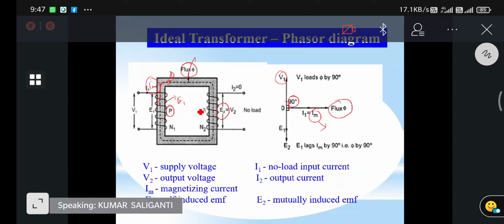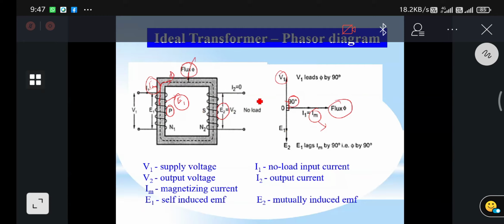When it links with the primary, it produces the self-induced EMF, and when it links with the secondary, it produces the mutually induced EMF here. Both E1 and E2 lag Im by 90 degrees, and lag the applied voltage by 180 degrees. So this is the ideal transformer phasor diagram.